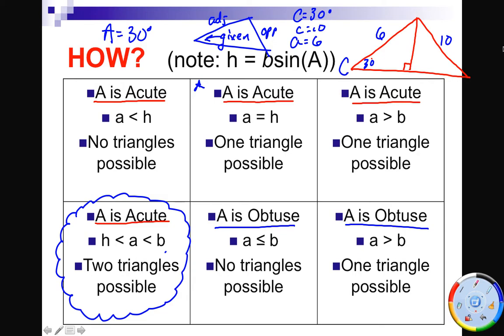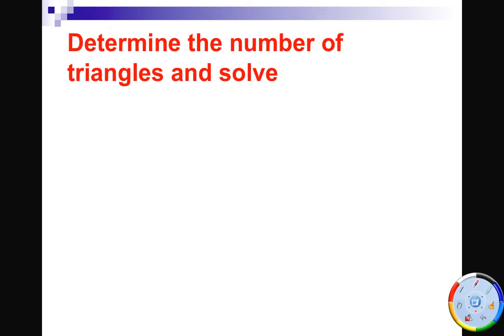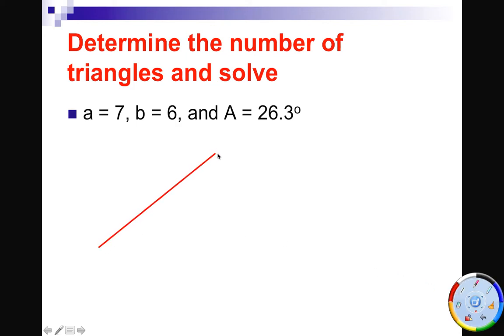All right, so let's look at a couple examples. That's what you guys are all here for. So first of all, we're going to determine the number of triangles and we're going to solve it. So hopefully you have that table in front of you. And I'm giving us a statement like this. Now you'll notice that I'm just going to draw a triangle because I know I'm trying to solve some sort of triangle.